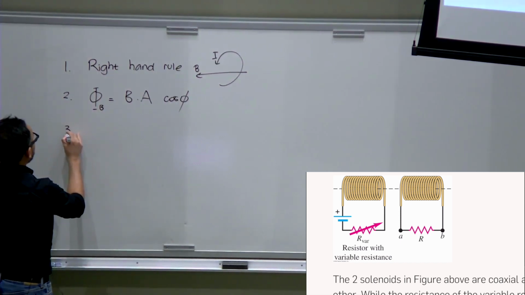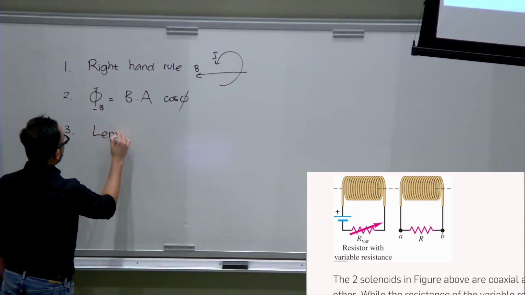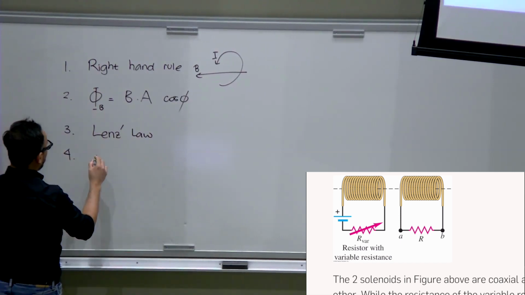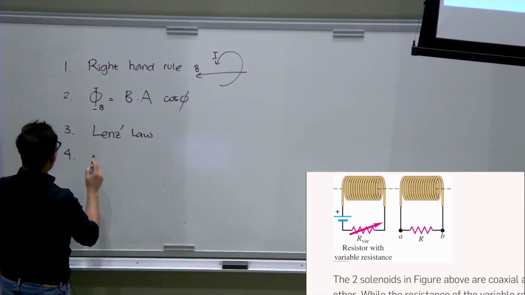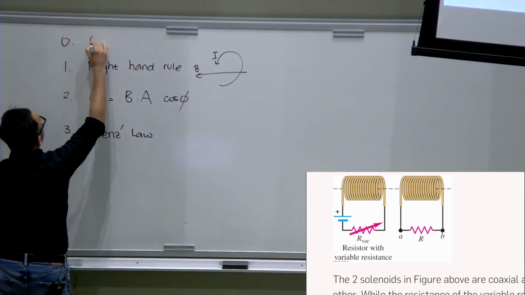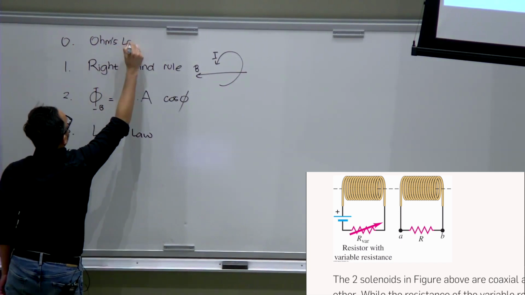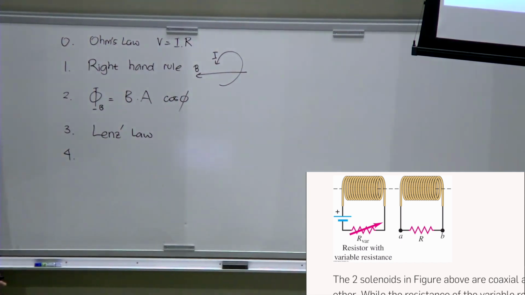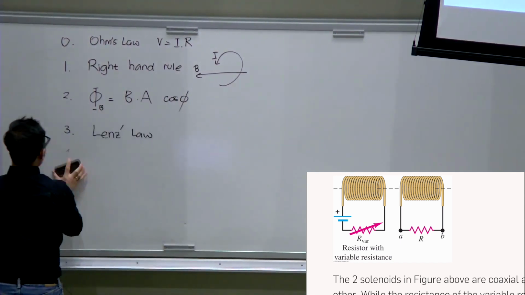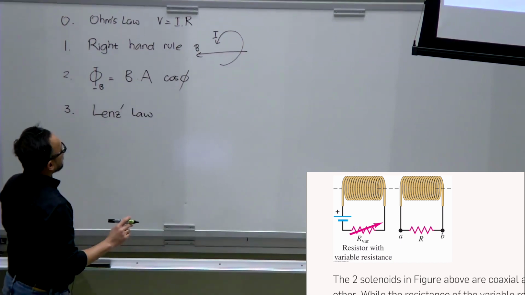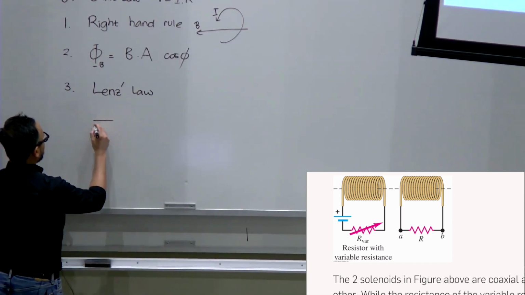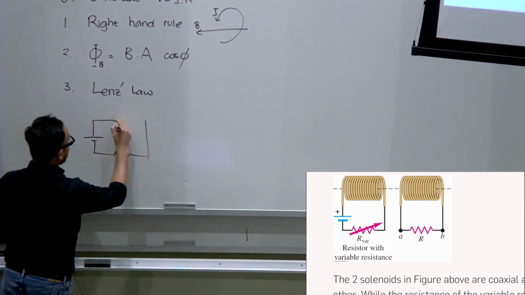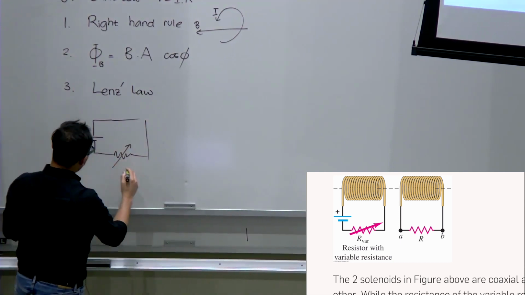And then next, you need to know Lenz's law. And first you need to know Ohm's law. Basically, V is equal to I times R, okay? So for a system with a constant voltage, and we can vary the resistor, let's say, using a variable resistor.